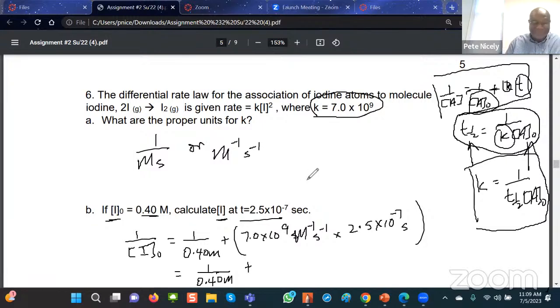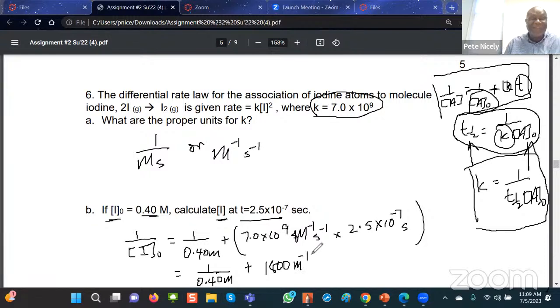So let me do this again. 7 times 10 to the 9 times 2.5 times 10 to the minus 7. So yes, I actually got 1800 here, M to the minus 1.